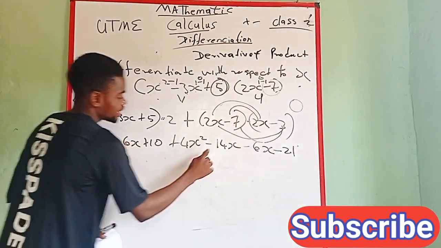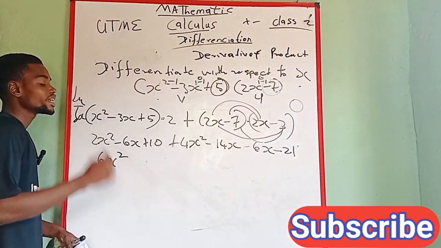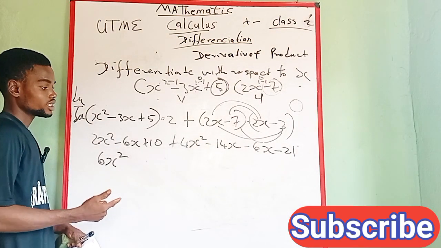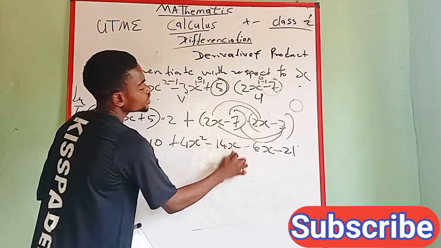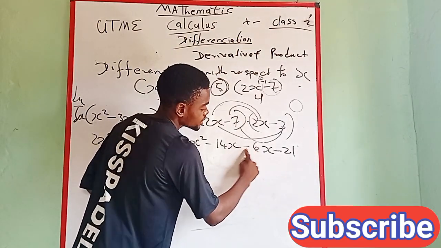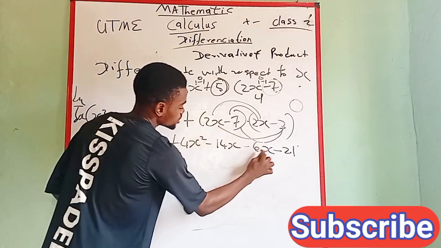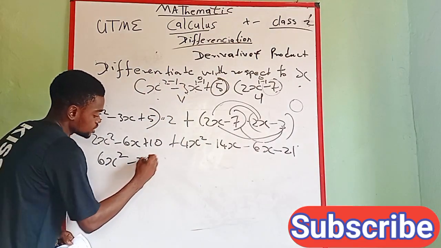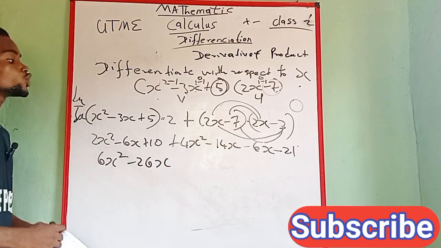So negative 6s and negative 14s will give us negative 20s. Are you getting me? And negative 20s with negative 6s is going to give us negative 26s. I have negative 26s. So I've worked with those with just s.